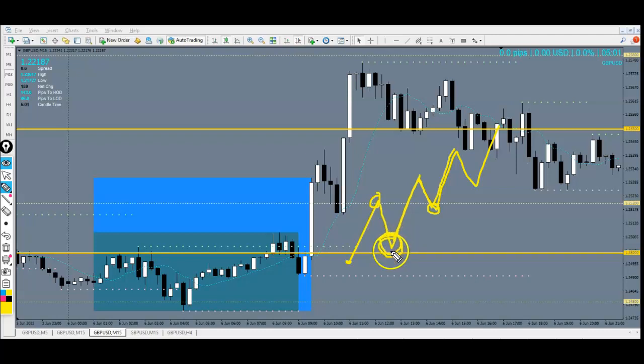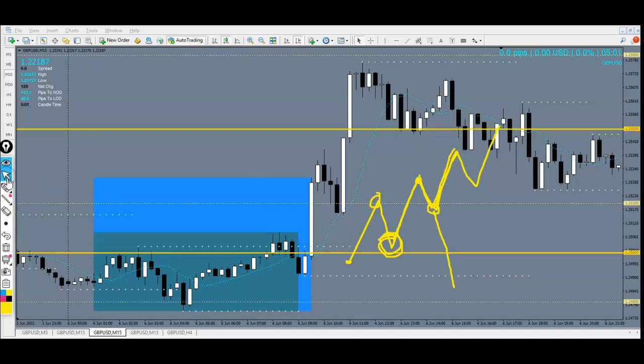We'll see kangaroo tails, bullish engulfing candles, dojis or spinning tops, as some people call them. Those are the kind of candles you'll see at these levels. It will not be a full-blown reversal, but just a small reversal to continue to push up again in the original trend direction.